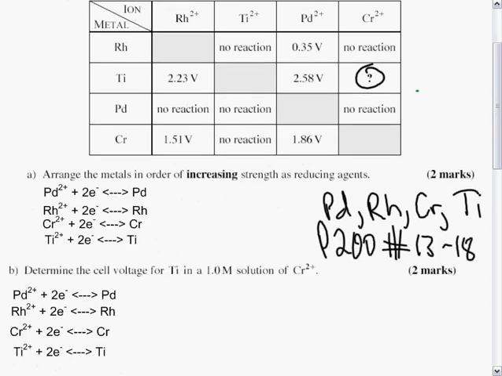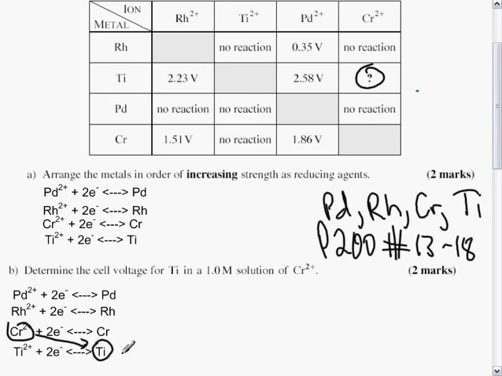Okay, to determine the cell voltage for titanium in a 1 molar solution of Cr2+, that would essentially be Cr2+ to titanium, this spontaneous reaction here.